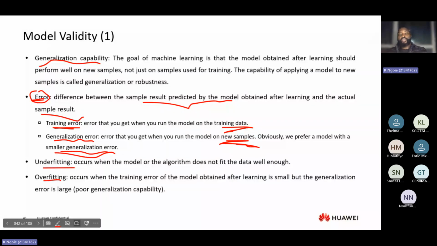So overfitting is when the algorithm does not fit the data well. What does it mean? It means that your algorithm is so advanced, but the type of data that you are dealing with does not really fit the algorithm. We say your system is underfitting. No, sorry, I got it the other way around. That is overfitting. Underfitting is when your model or your algorithm does not fit the data.